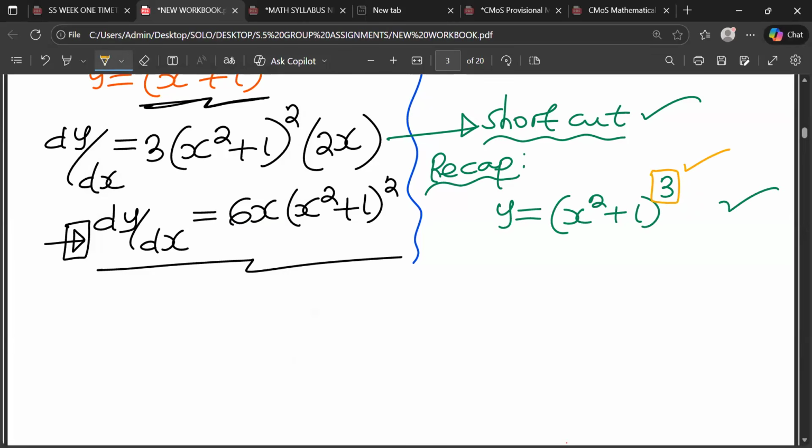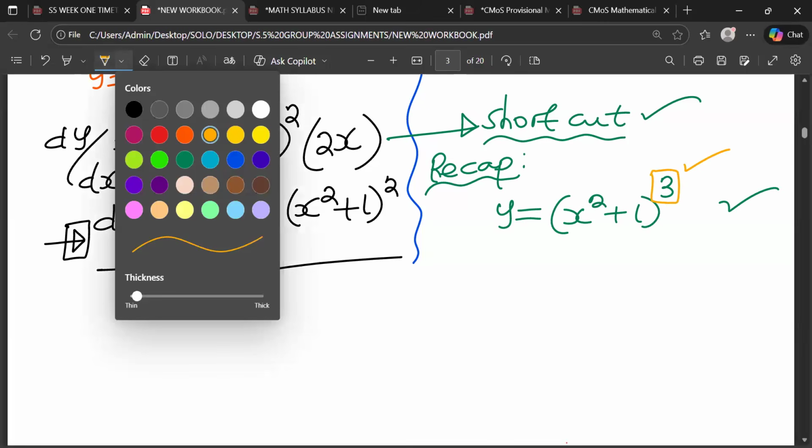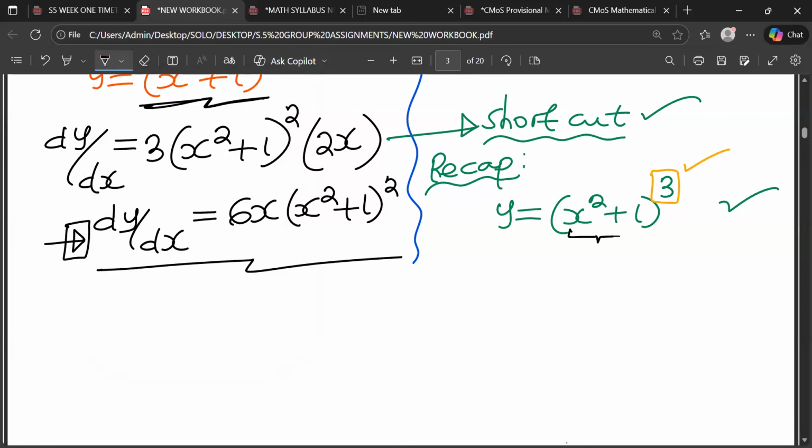No. So this is what I told you people: when you see the function becoming more complex, you divide it into 2. If it is really becoming hard for you, you can select all this inside the bracket to become a u. But I explained all these things in detail in the lesson of chain rule, so you visit it.